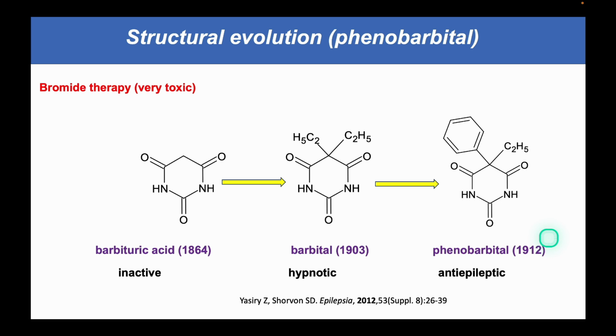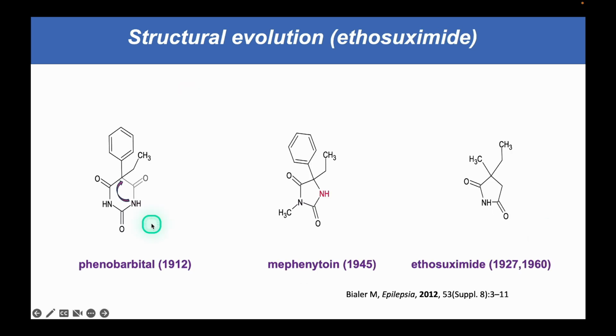And after more than a century, it is still used and is included in the World Health Organization's list of essential medicines. Furthermore, from changes to the structure of phenobarbital, we can see the generation of other types of antiepileptic drugs when considering a contraction of the 6-membered ring of phenobarbital by the exclusion of the indicated carbonyl.